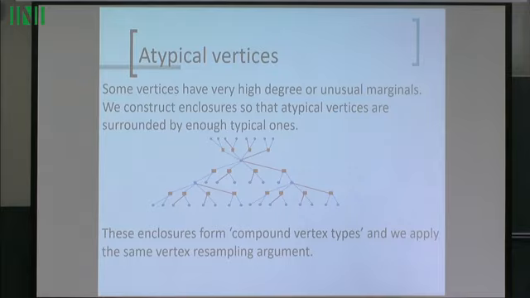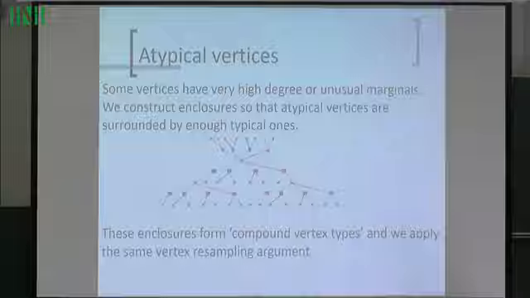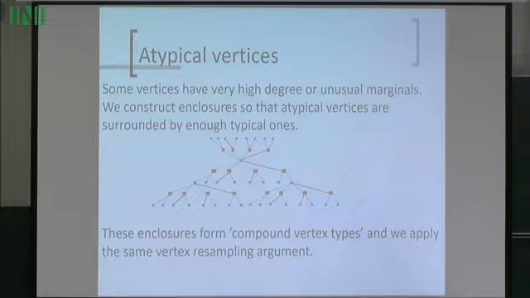So whenever we have a really bad looking variable, we surround it by nice looking variables, and we call this a compound vertex type. It's like one big complicated variable that includes a collection of variables around the really bad one.